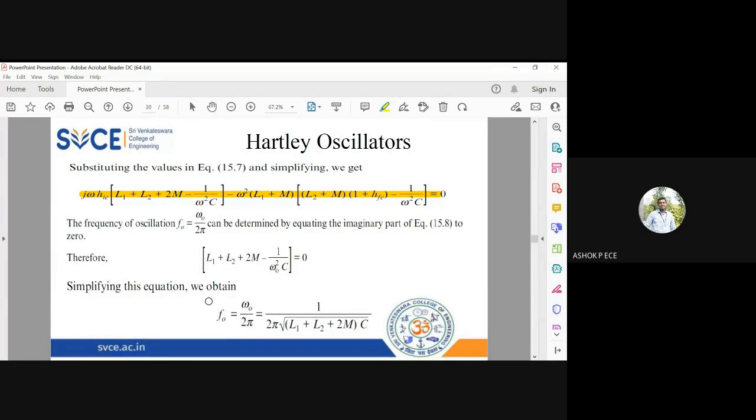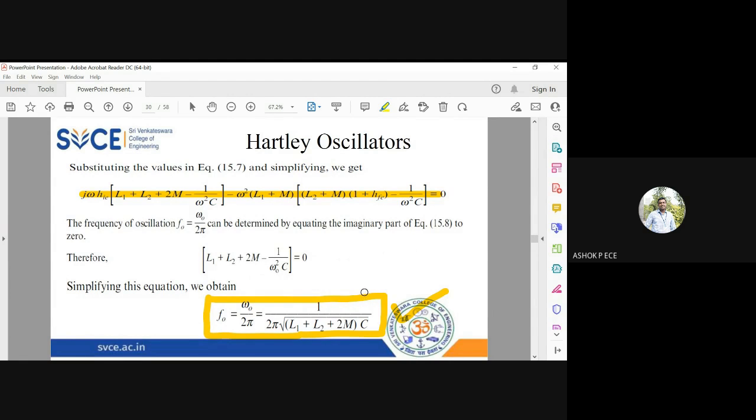So L1 plus L2 plus 2M minus 1 by omega naught square C will be equal to 0. If you simplify, you get F naught equal to 1 by 2 pi root of L1 plus L2 plus 2M into C. This is the frequency of oscillation you get in the Hartley, and you get plus if the windings have the same dot notation.